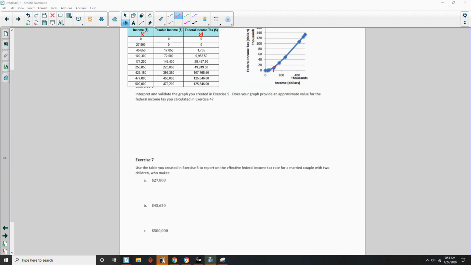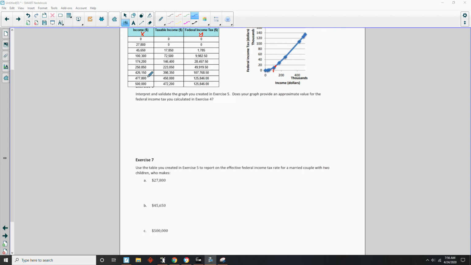Okay, exercise 7 says, use the table you created in exercise 5, so that's right here, to report the effective federal income tax rate for a married couple with 2 children who make $27,800. So $27,800 and federal income tax. So let's see which column.